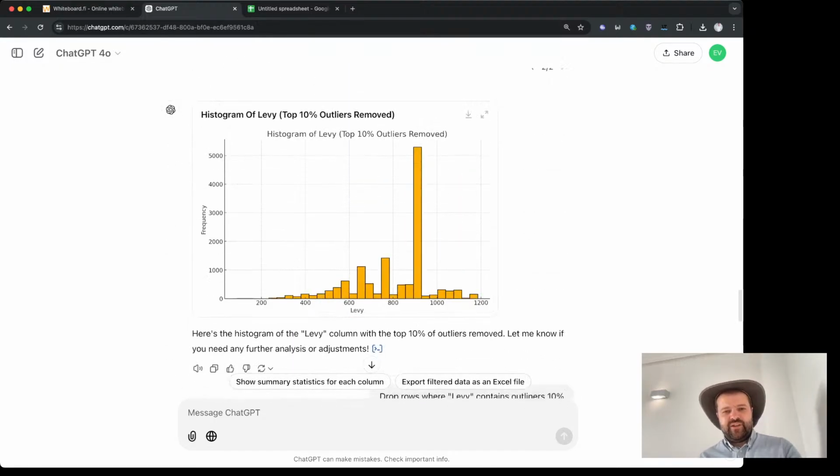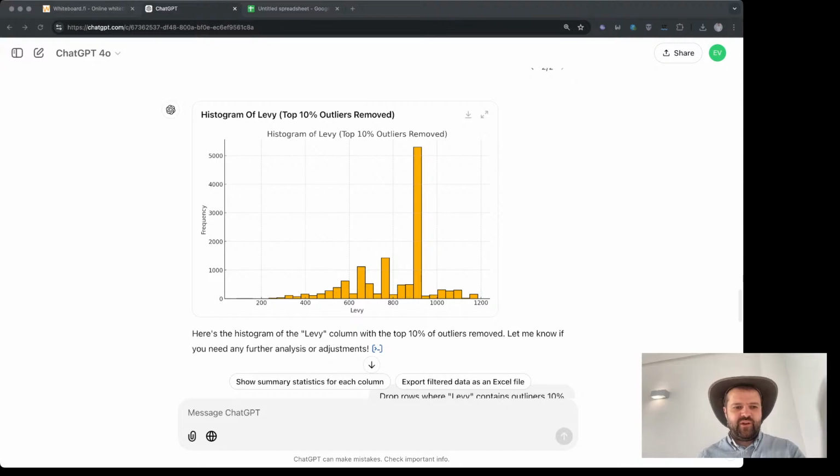My question here, if you've been following along with what I was talking about so far, is why do we have this large spike here? Do any of you have an idea why we have this spike in column levy for our dataset?